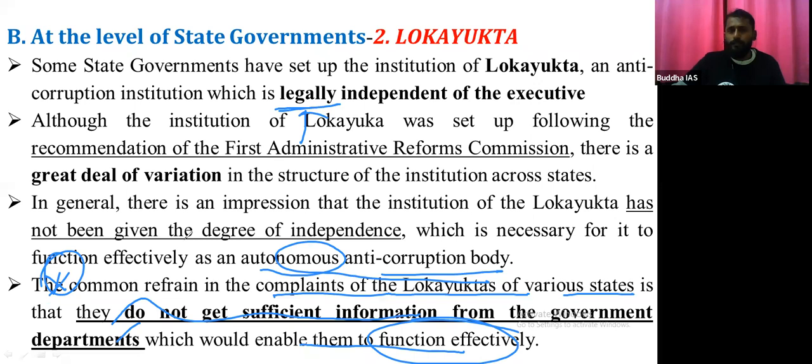Not possible. So when coming to Lokayukta, the limitations are: first, independence. The required independence is not given, or they are not completely autonomous. Second, sufficient information is not provided to them by the departments.